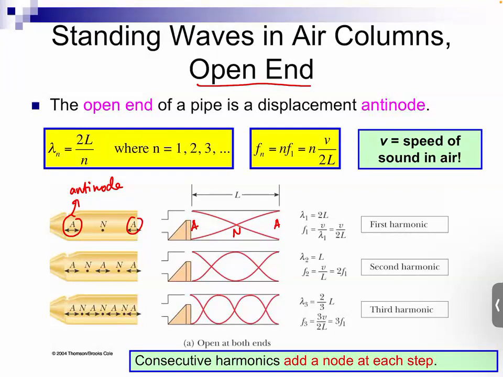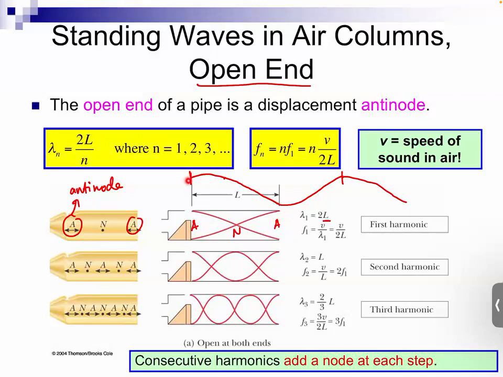Notice for the first harmonic, if this is the length of the air column, the length of the air column can fit half a wavelength. If you draw a wave that repeats itself like this, one wavelength is from here to here.